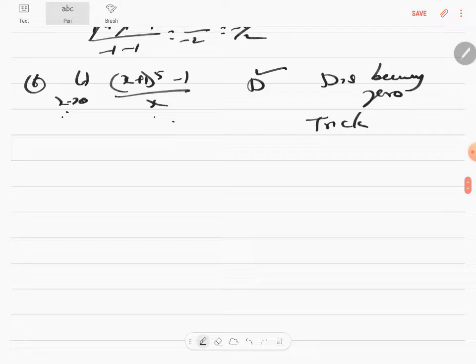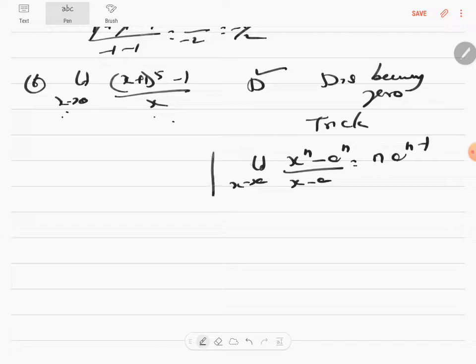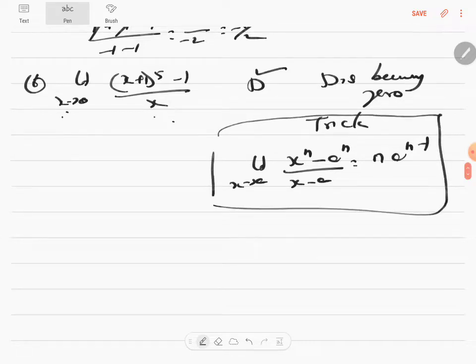You have to check if this is the form x to the power n minus a to the power n by x minus a, limit x tends to a, then the answer will be n into a to the power n minus 1. This is trick number 1. Denominator is becoming 0 if you substitute a. In that case, the formula answer is n into a to the power n minus 1.